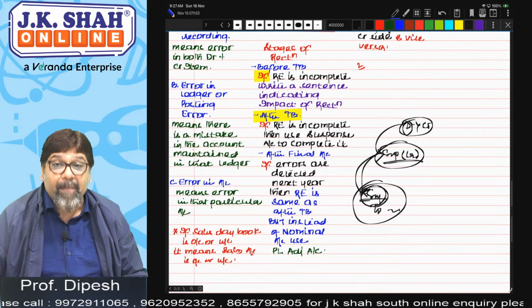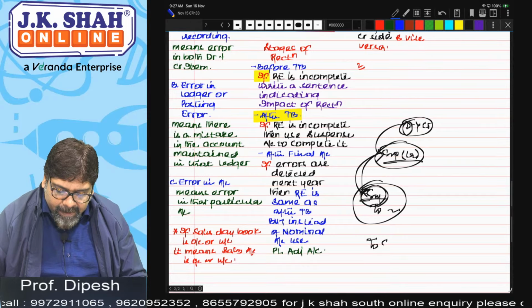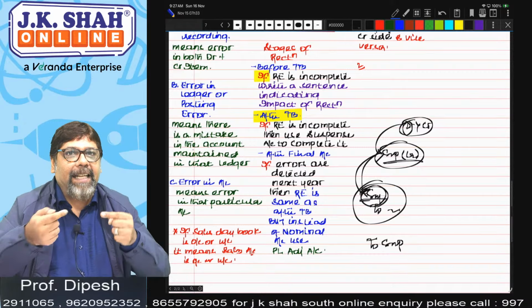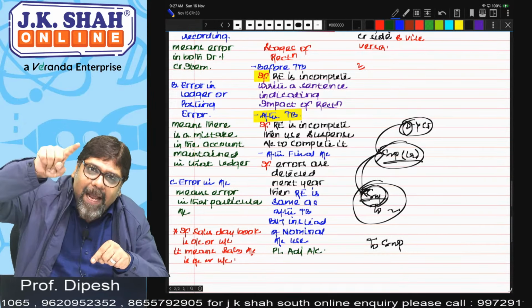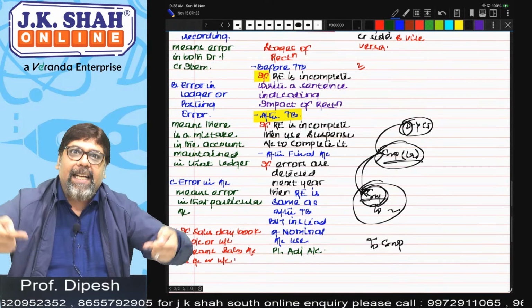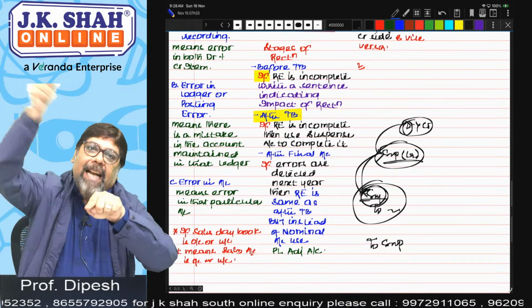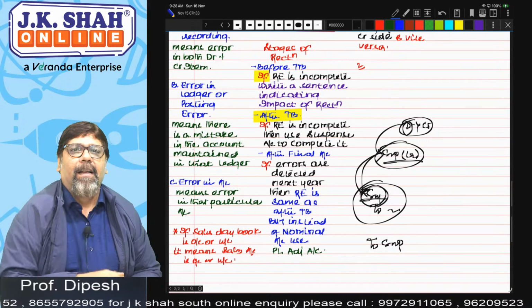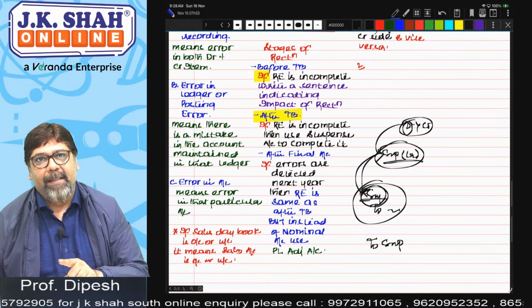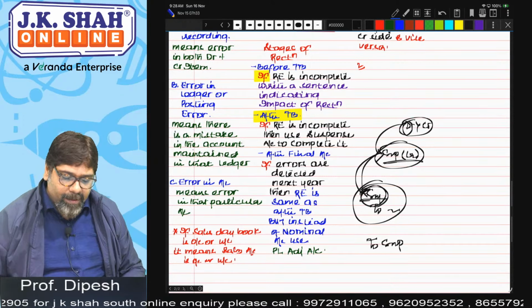Similarly, if in any rectified entry suspense is credited and it is getting nullified, that means in trial balance it was on debit side. Am I clear? If in trial balance it was on debit, credit was more.